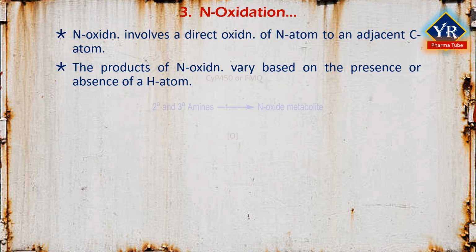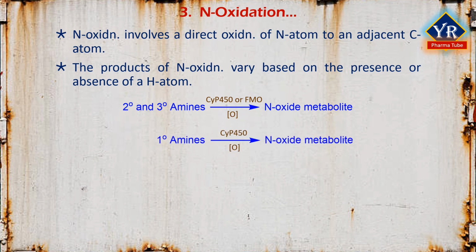N-oxidation of secondary and tertiary amines can be catalyzed by either cytochrome P450 enzyme or flavin monooxygenase enzyme, whereas N-oxidation of primary amines is almost always catalyzed by cytochrome P450 enzymes.